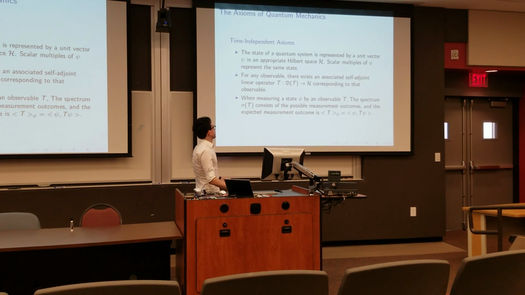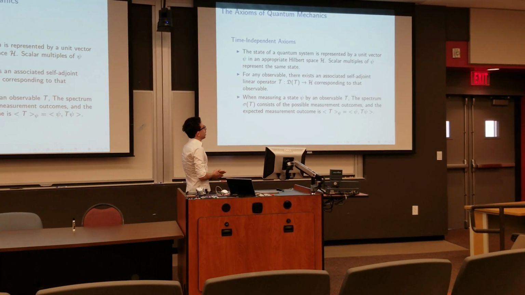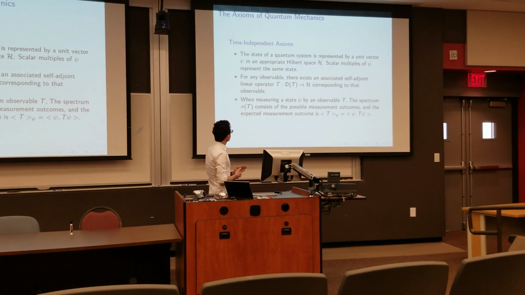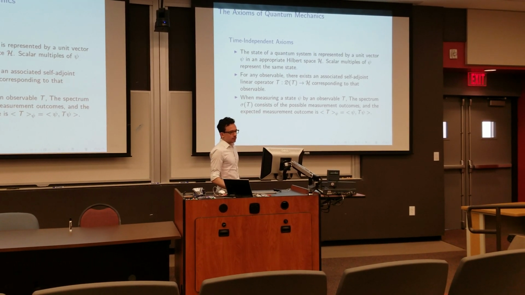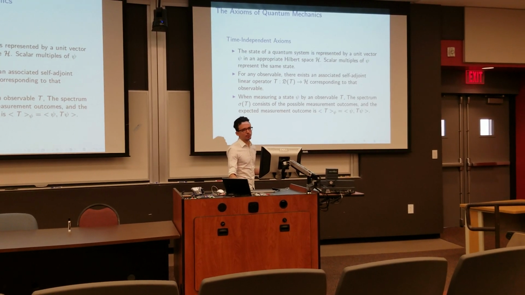For observables, such as position, those correspond to linear operators from the Hilbert space to itself. When measuring a state, the spectrum of the operator consists of all possible outcomes for the measurement.